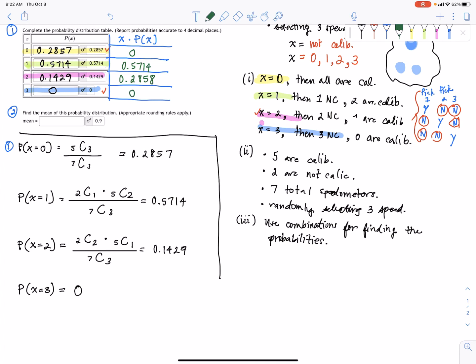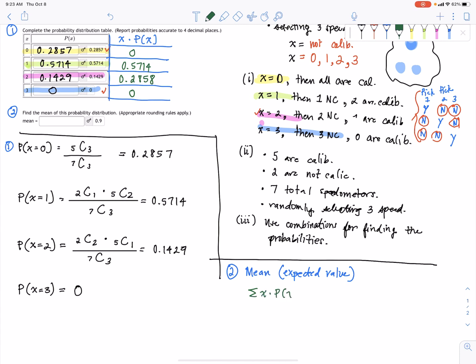So for the expected value, if we go down here and put number 2, finding the mean, or in other words, expected value, that's just going to be the sum of all the products that we just found.